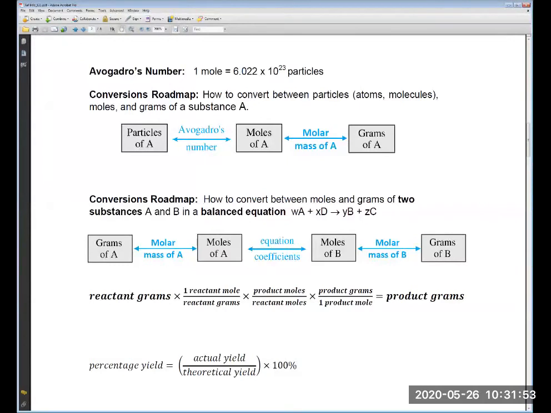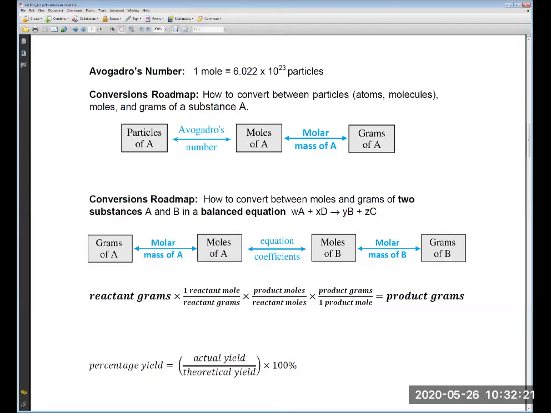So the molar mass is very useful. It allows you to change grams to moles, or, if you have moles, to retrieve the mass of that substance. So here, if you have grams of A, you would use the molar mass to get moles of A. And then if you need the number of particles of A, you would use the Avogadro number, which is the definition of the mole above here.